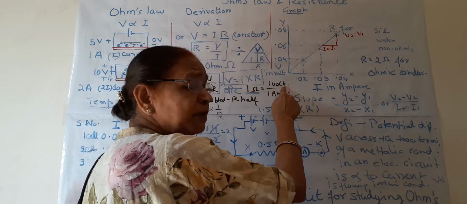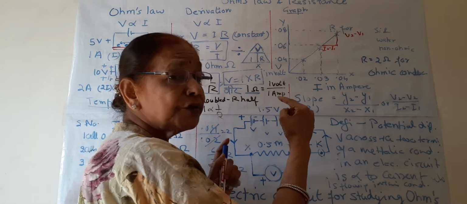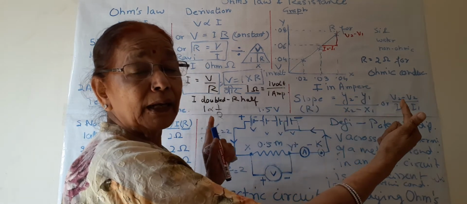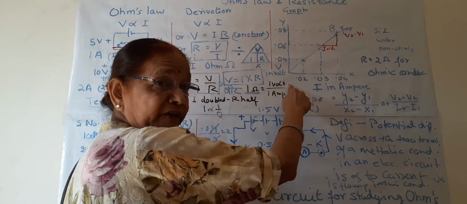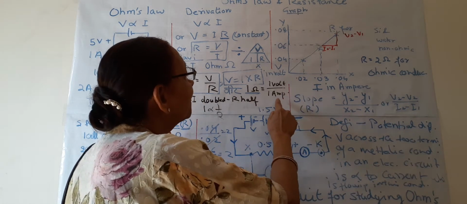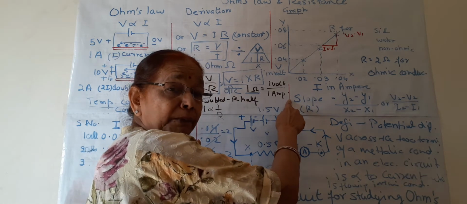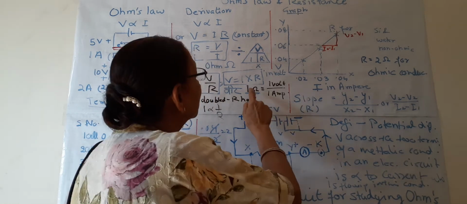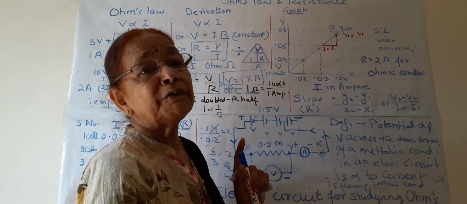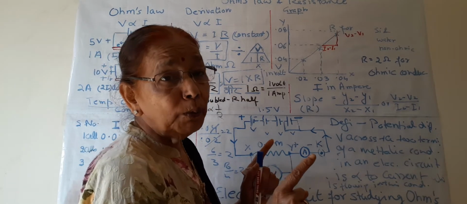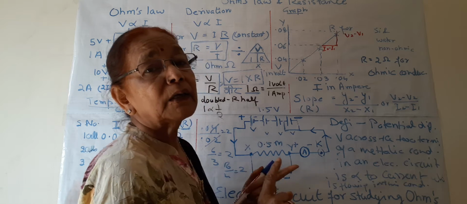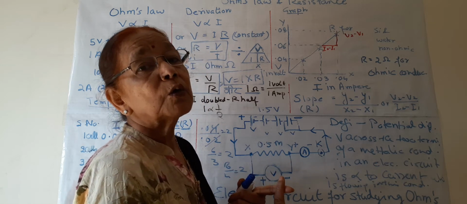If the potential difference across a metallic wire is 1 volt and the current flowing in the circuit is 1 ampere, then the resistance of the wire will be 1 ohm, provided the temperature remains constant.